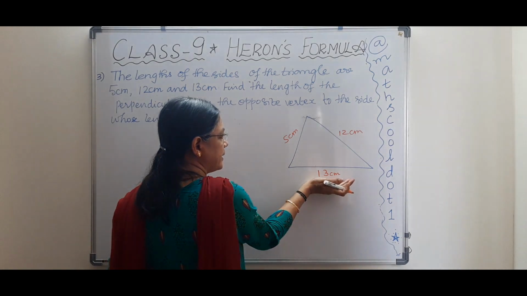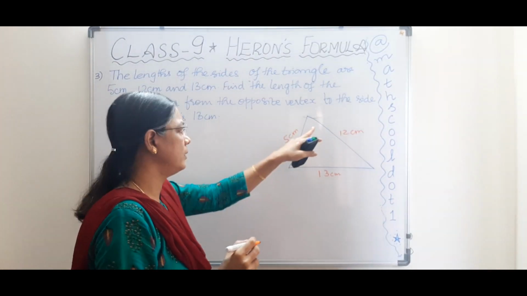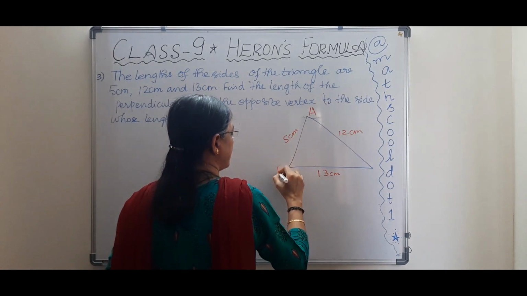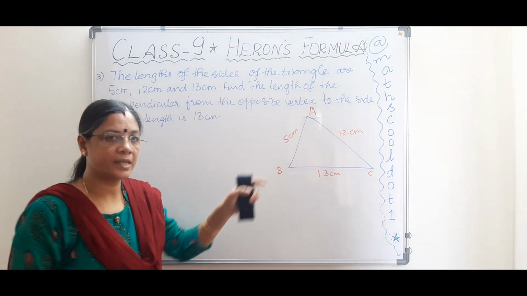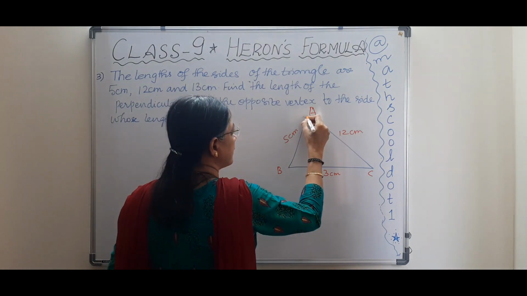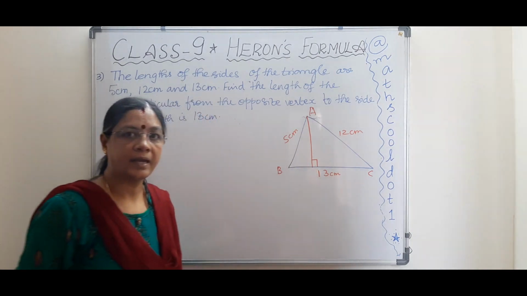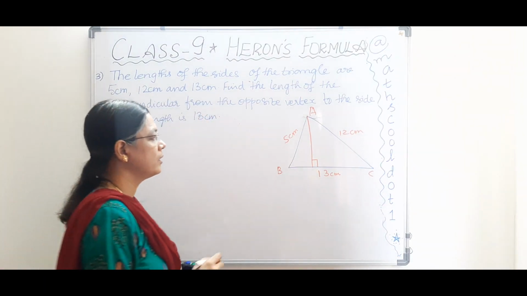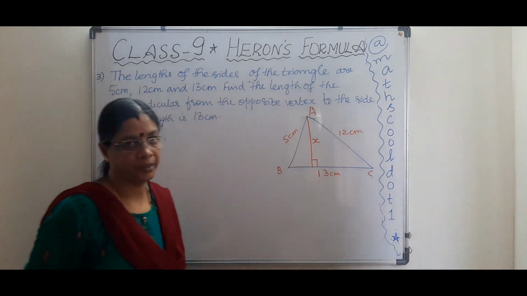That is the side 13 centimeter and the vertex opposite to this is here. So let us name it as A, B, C. BC is 13 centimeter and the vertex opposite to it is A, right? So I drop a perpendicular from A to the side 13 centimeter. Okay, so now we need to find the length of this perpendicular.